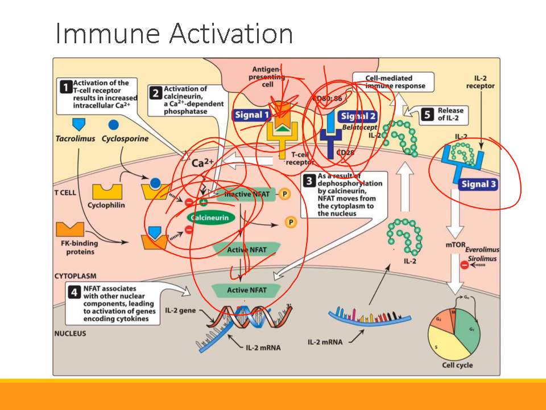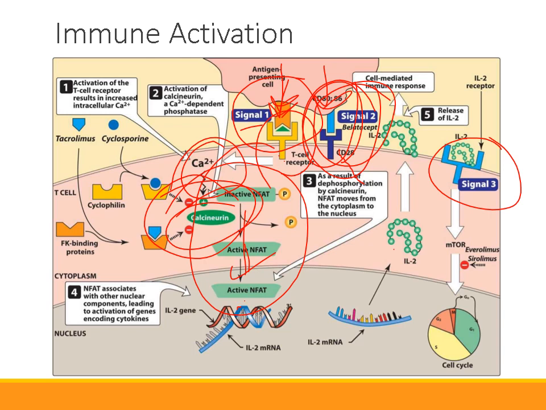That interleukin-2 is actually related to our third signal. So that interleukin-2 that gets produced, right? We activate the T cells, various reactions occur, one of which allows us to produce interleukin-2.